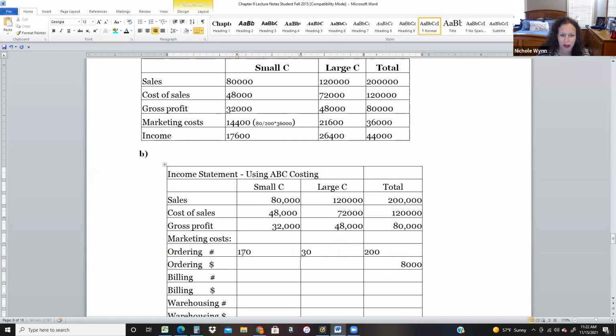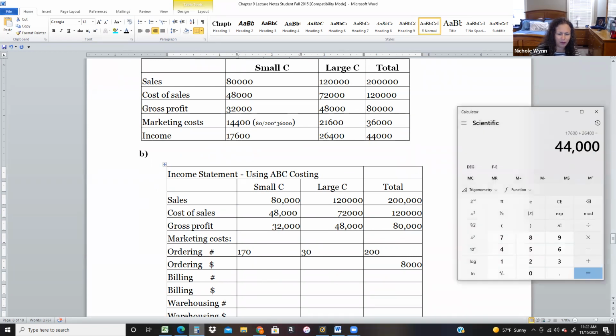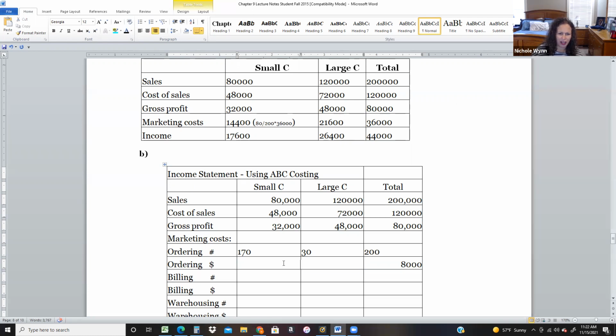So what I'm going to do is take the 8,000 and divide it based on 170 of 200 and 30 of 200. So you could stop and come up with an amount per order and take it times 170, or you can just take the 8,000 times 170 over 200. And I'm going to put 68 here and the other 1,200 here.